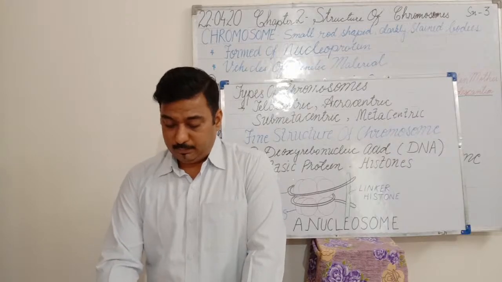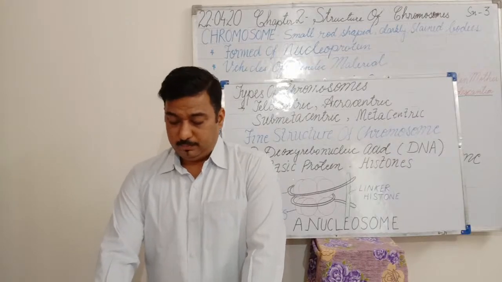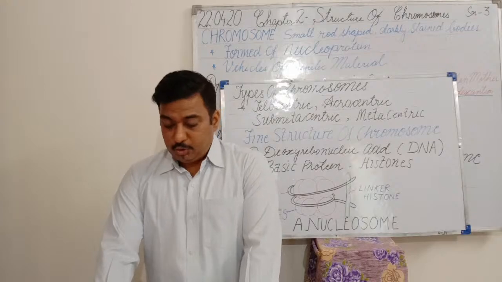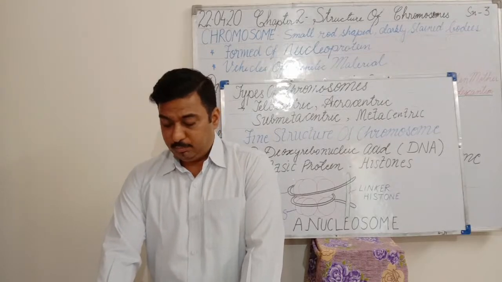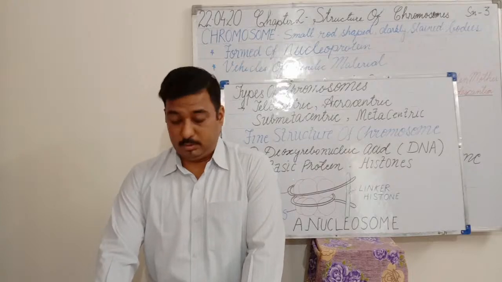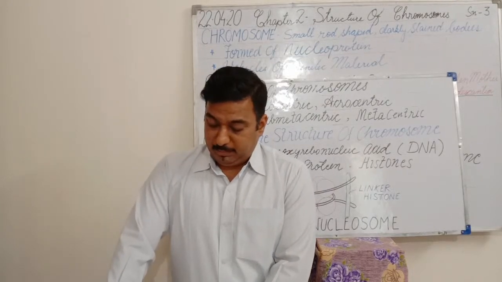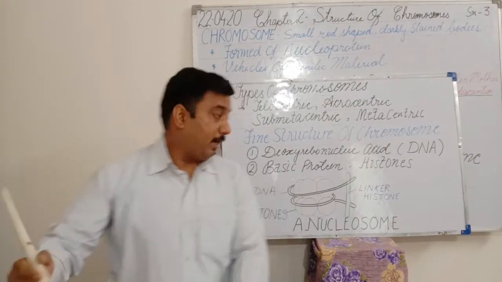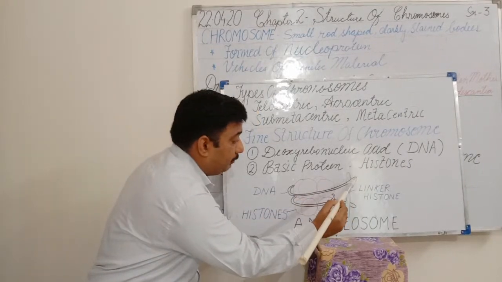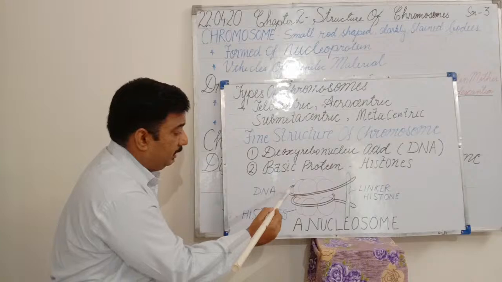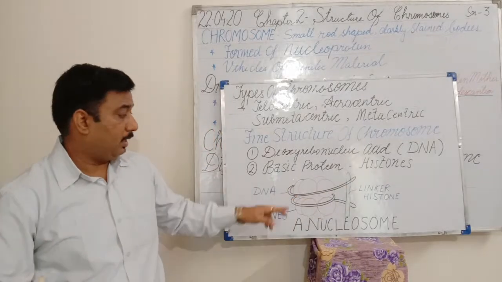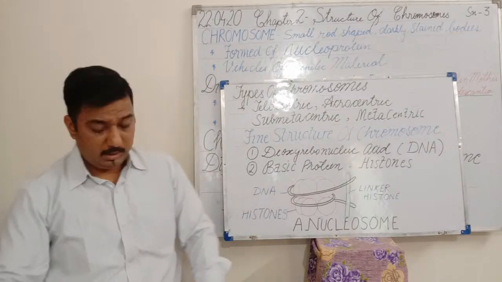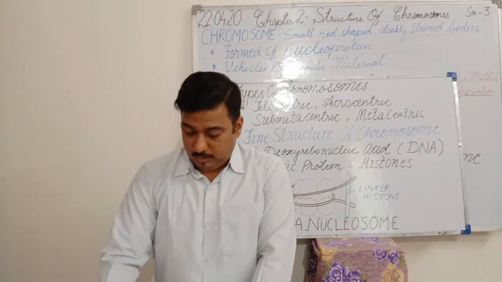Histones form the structure called the nucleosome. Each nucleosome has one core particle formed of 8 molecules of histones. DNA makes 2.5 coils around it. I have told you this DNA strand will wrap around this core particle in 2.5 coils.